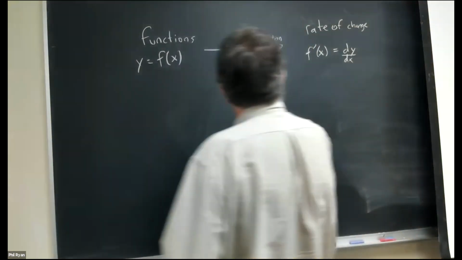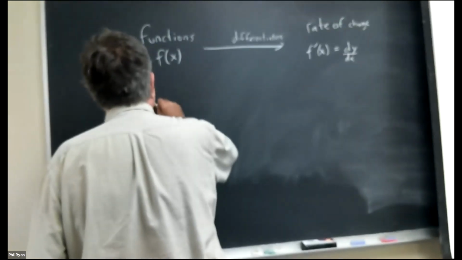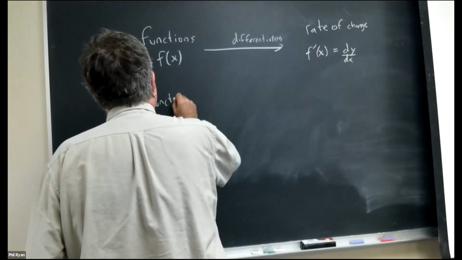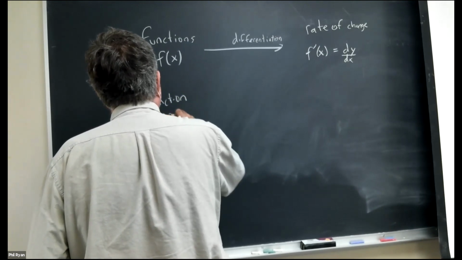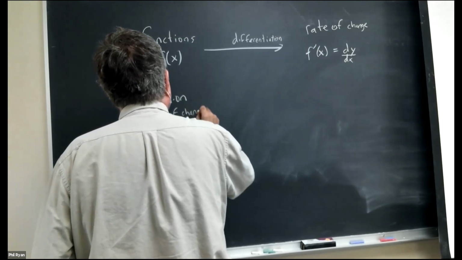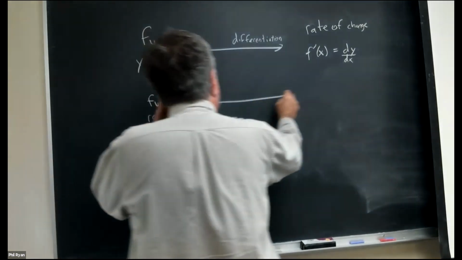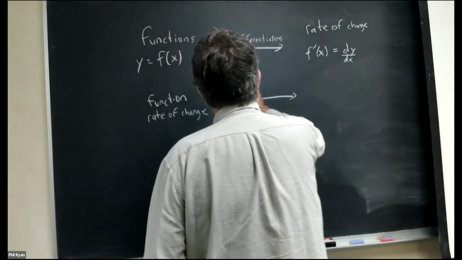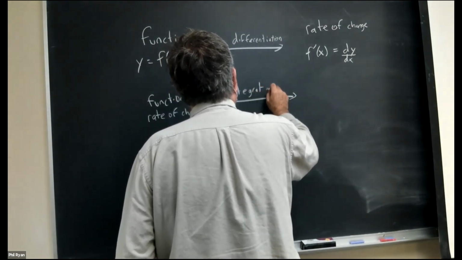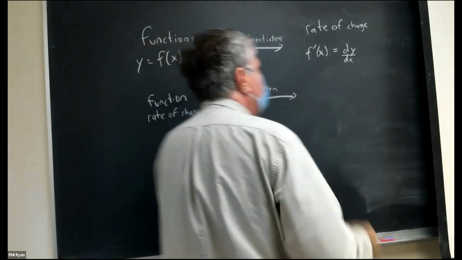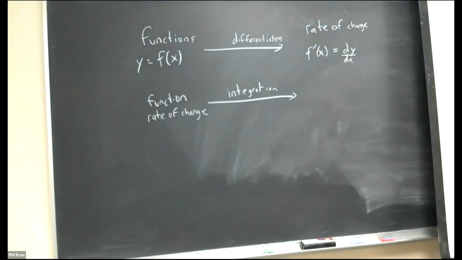This time we're going to start off with a function which is going to be a rate of change. And then we're going to do something called integration. And we're going to get a new function here. So let's think for a second what kind of function that would be.